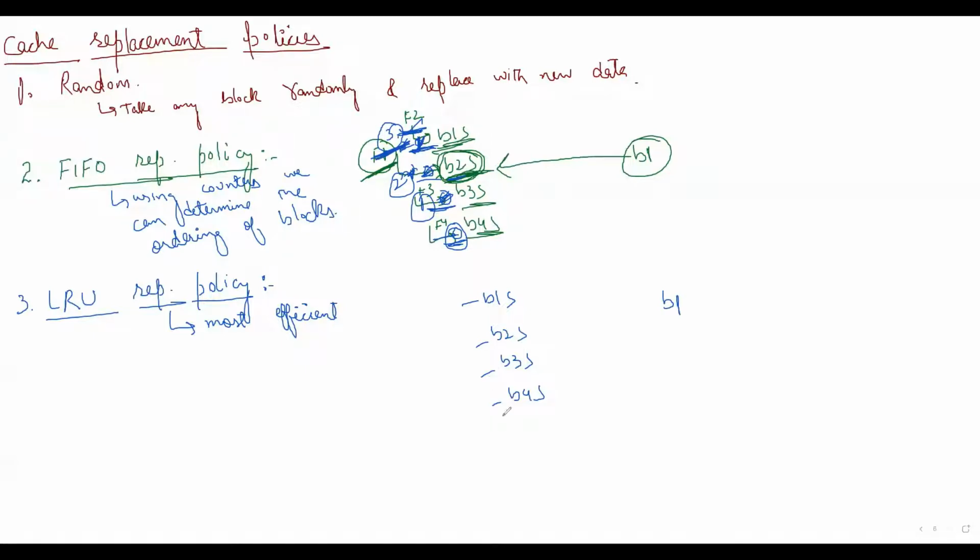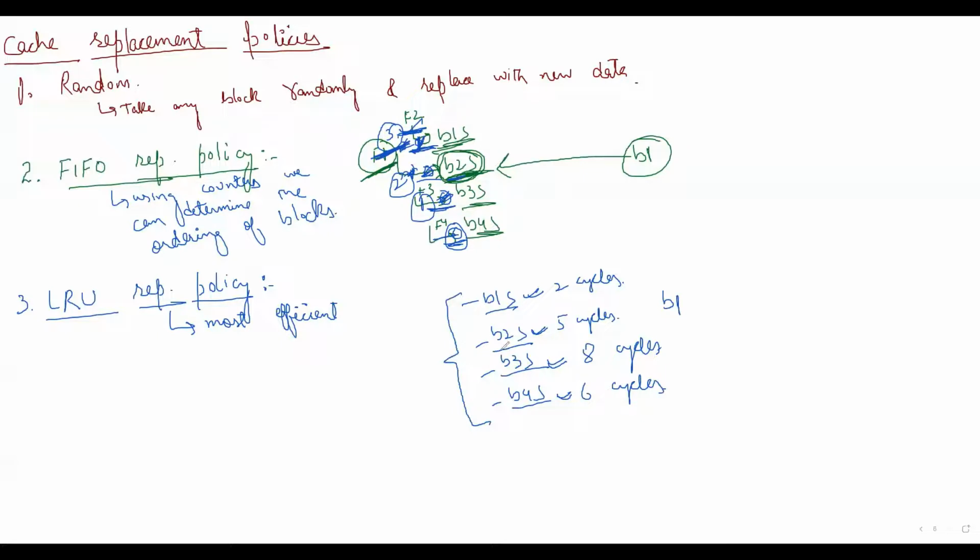Okay, so likewise in these blocks, we will see which one of these blocks was the least recently used. For example, my processor is using these blocks. Let's suppose it has used this 5 cycles before, this 2 cycles before, this 8 cycles before, and this 6 cycles before.